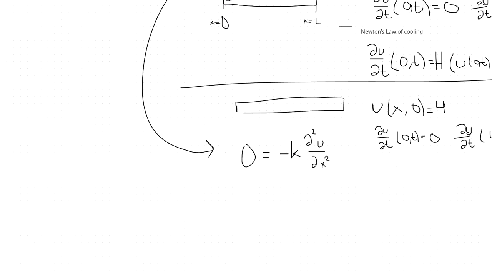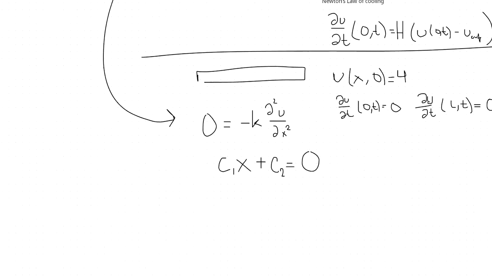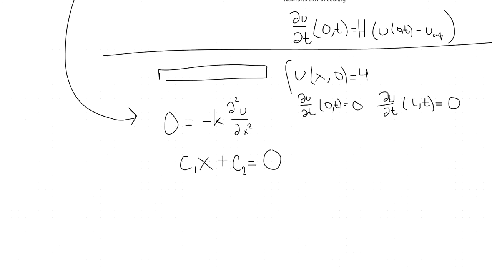It's just c sub 1 x plus c sub 2 equals u. And we can solve for c sub 1 and c sub 2 using our initial conditions as they're supposed to be used.